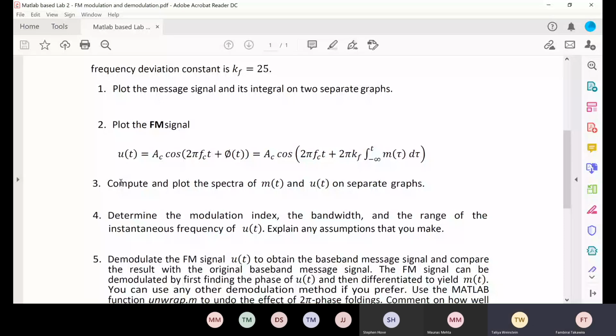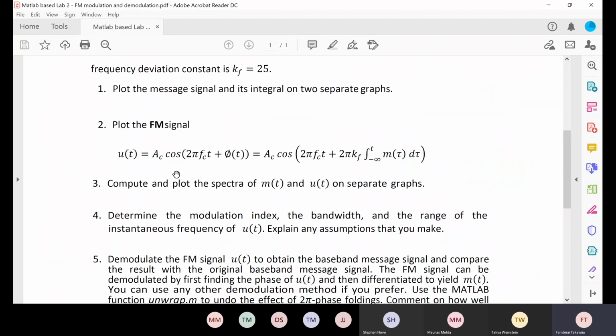Great, thank you. And then just another comment on the limits. One of you sent me an email about what you can use from MATLAB. Essentially, you can use any object from MATLAB. If you want to do an integral, MATLAB has lots of objects for doing an integral.